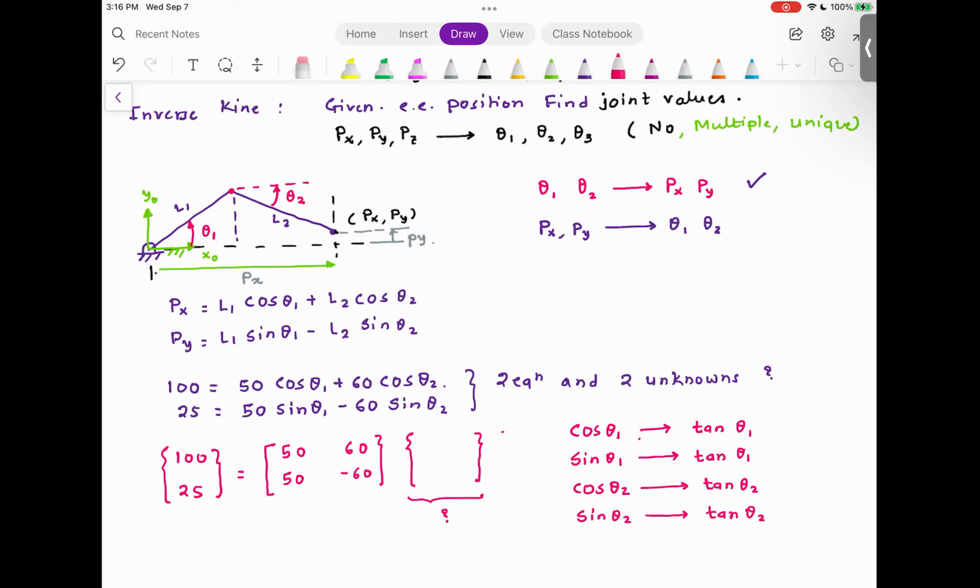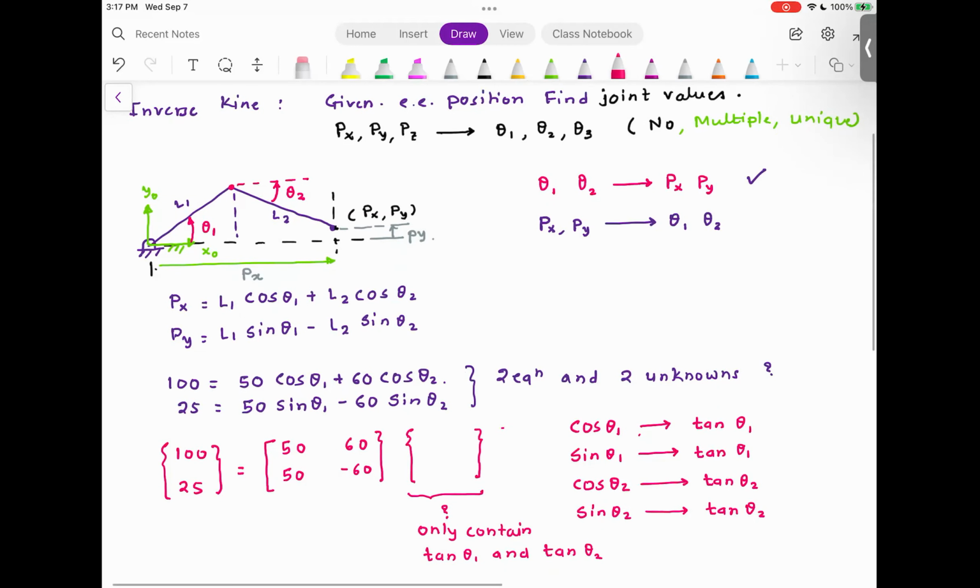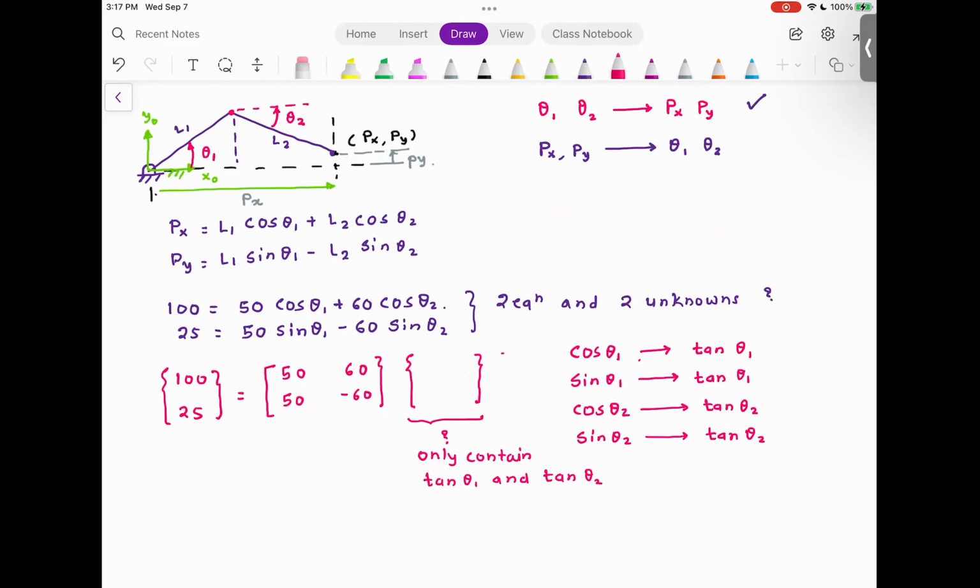After you substitute, this equation will only contain tan theta 1 and tan theta 2. And when I say tan theta 1 and tan theta 2, depending upon the substitution, it could be tan theta 1 by 2 or tan 2 theta, whatever substitution you use. So this is one approach.